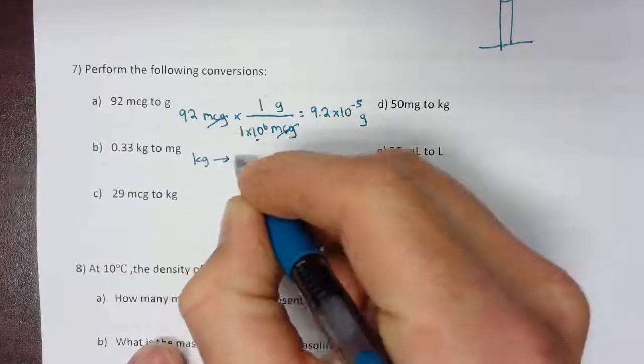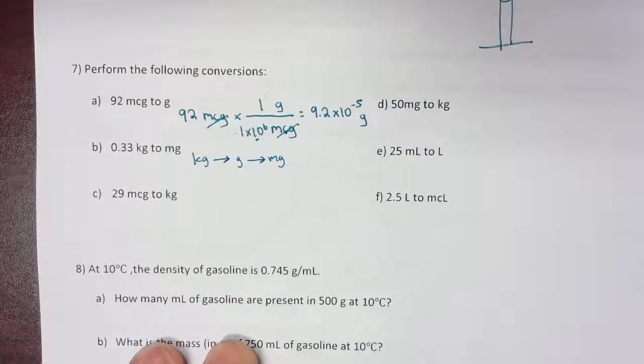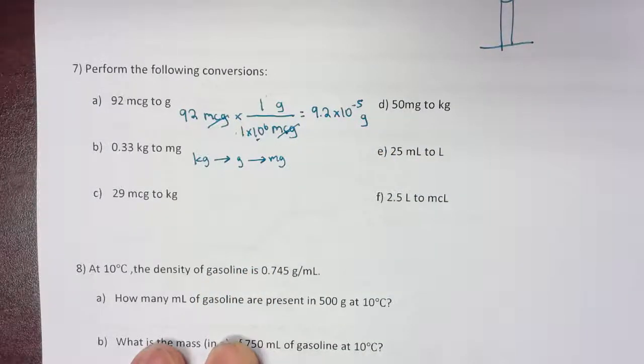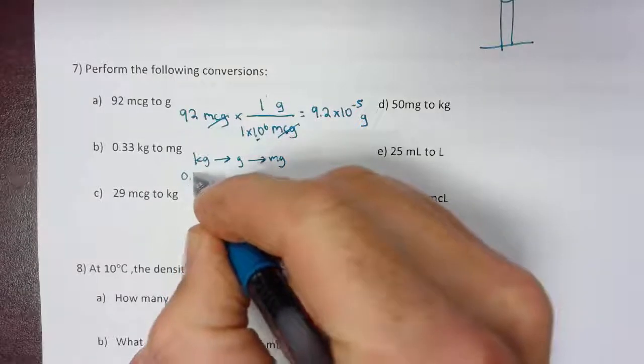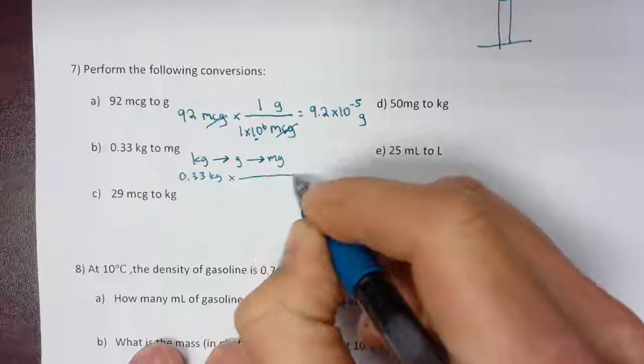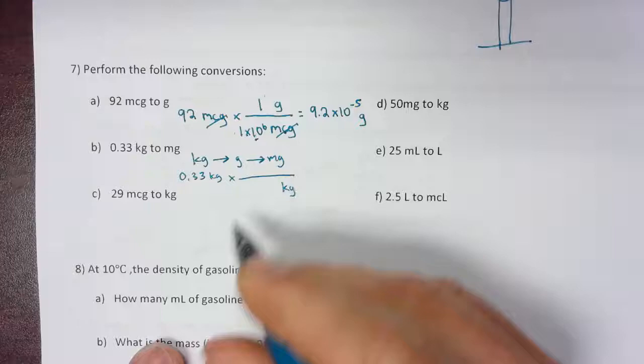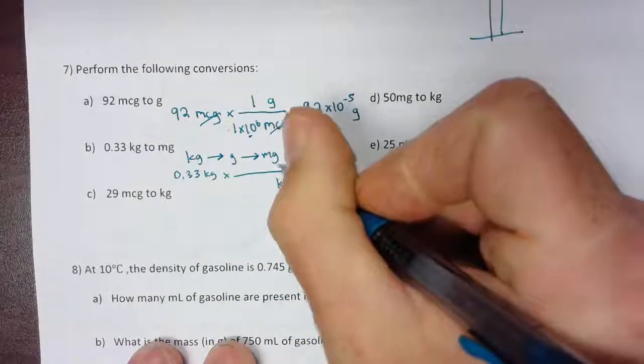So I'll just write that out here. We're going to start off with 0.33 kilograms. And then I'm going to multiply by, down here kilograms, up here grams.